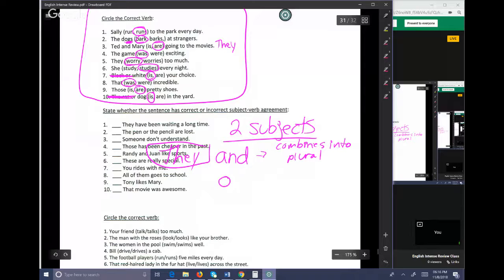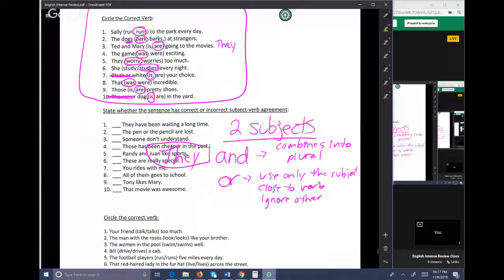You could have an or between them, and you'll use only the subject closer to the verb, and you'll ignore the other one. So whichever of the 2 subjects that are separated by the or, whichever one of those is closer to the verb, you will disregard the other one like it was never there, and you will just use that one.